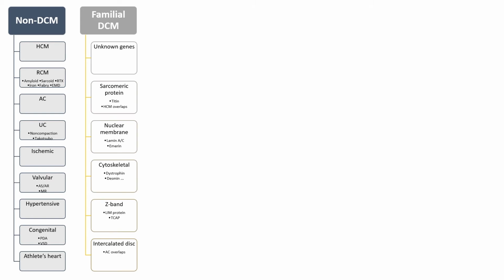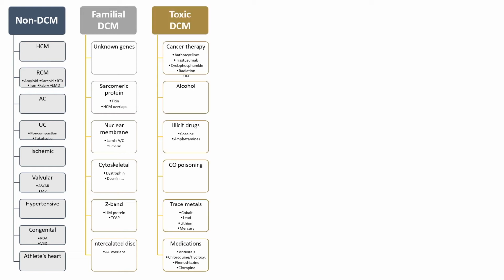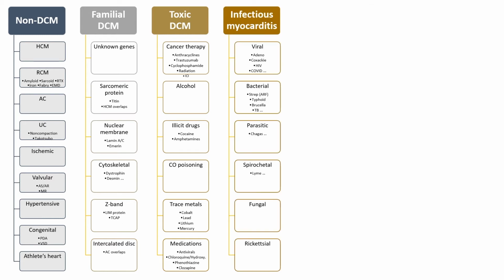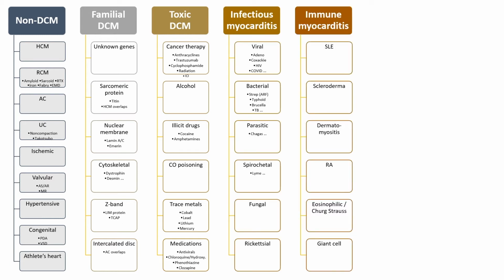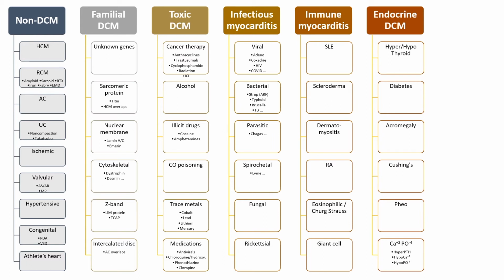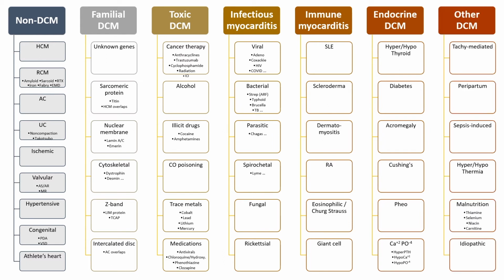And we can then start exploring the differential diagnosis for dilated cardiomyopathy, which includes familial, toxic, infectious, immune, endocrine, and others.